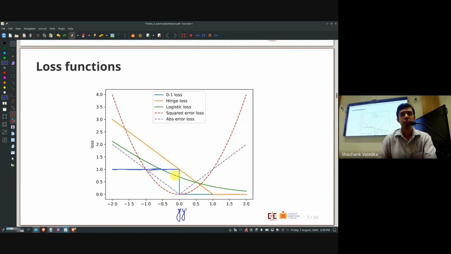And that's used in practice. The hinge loss also has nicer properties because it is continuous and it is also convex, as we'll see. And then you also have the logistic loss, the squared error loss, and the absolute error loss.